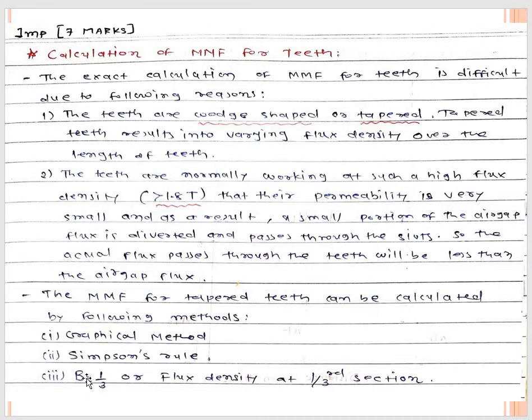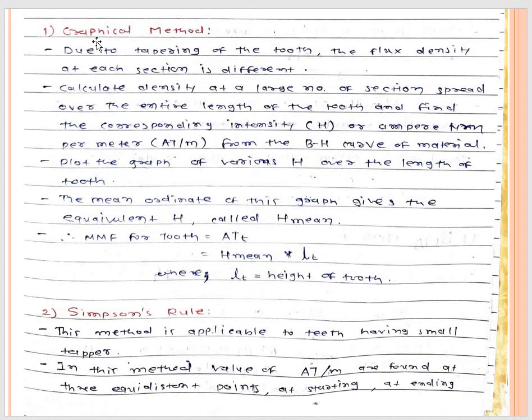And the third one is BT one third, where B means flux density and T means teeth, that is, the flux density at the one third section of the teeth. These three methods are the main ones for finding the MMF required for the tapered teeth. So in this 7 marks question, we have to explain these two reasons and these three methods in brief.